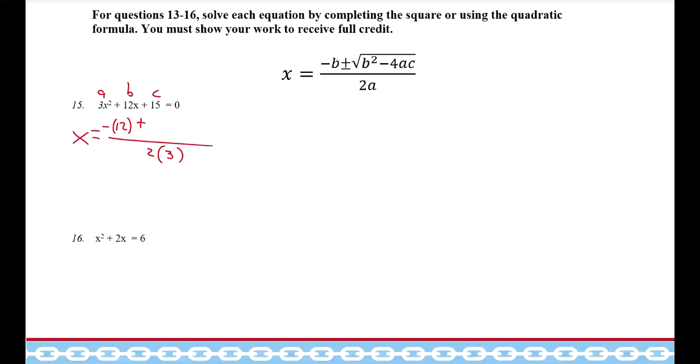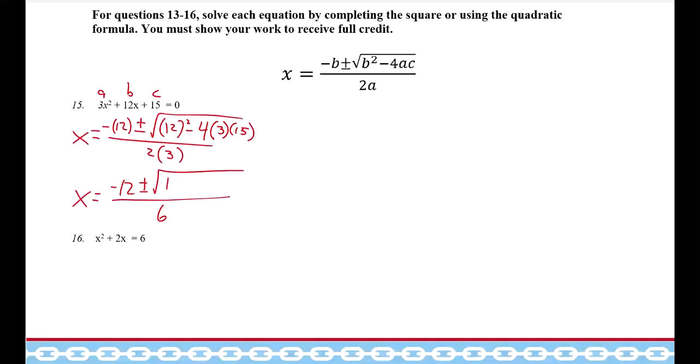The numerator is negative 12 plus or minus the square root of 12 squared minus 4 times A times C. So simplifying here, it's 6 on the denominator, negative 12 plus or minus 12 squared is 144. And then negative 4 times 3 times 15, probably calculator work, would be negative 180.